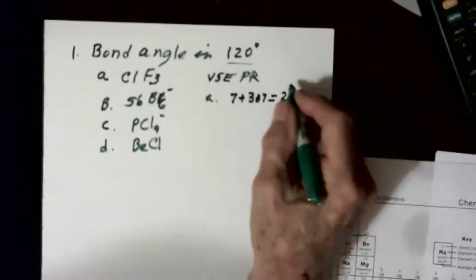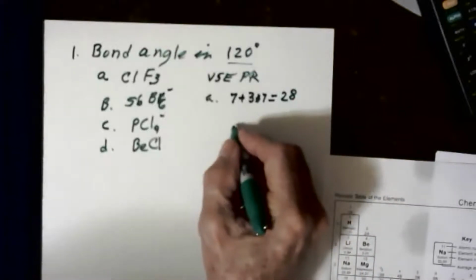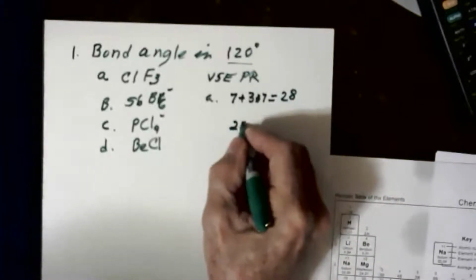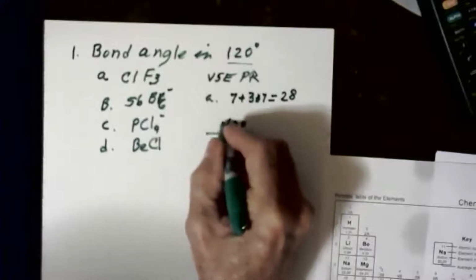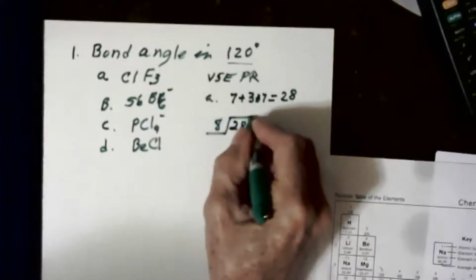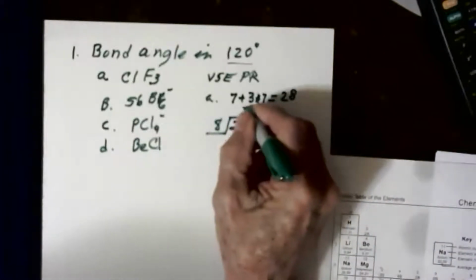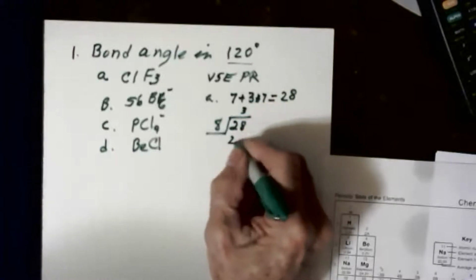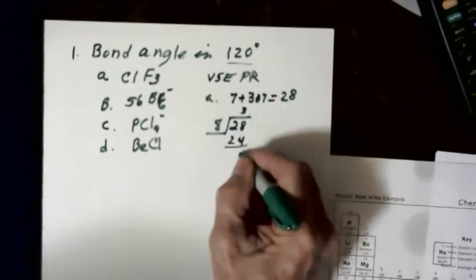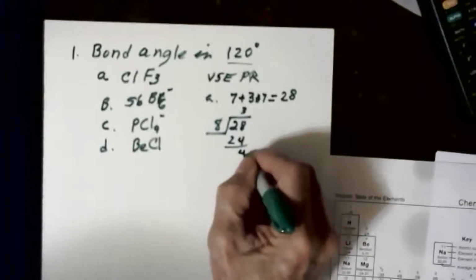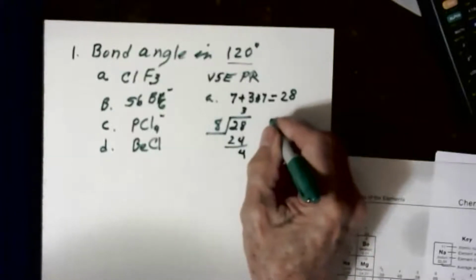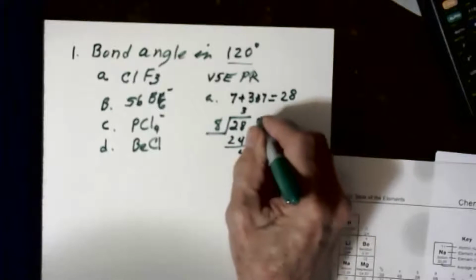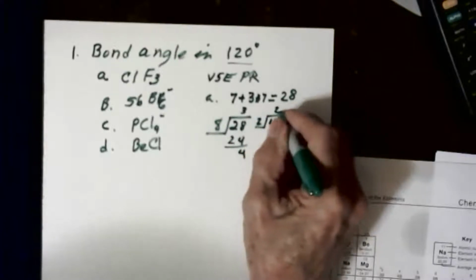Now to get the shape of this molecule, we're going to do the math method. You take 28 and divide by 8. When we divide by 8, we get 3, and that's 24. The remainder is 4. We take the remainder, 4, divide that by 2, and we get 2.